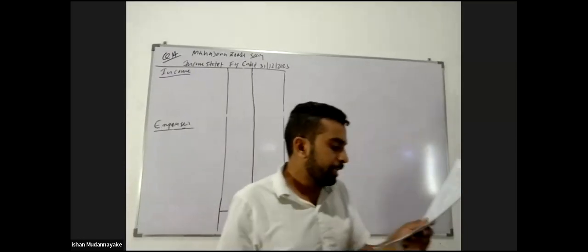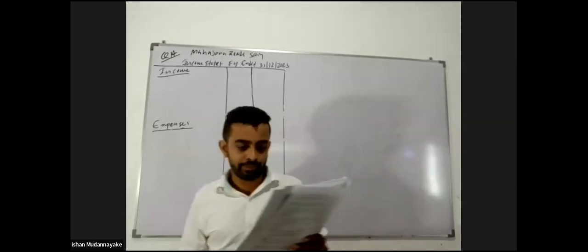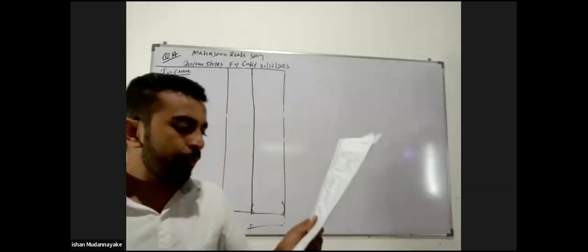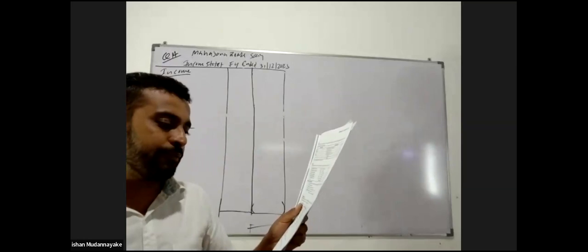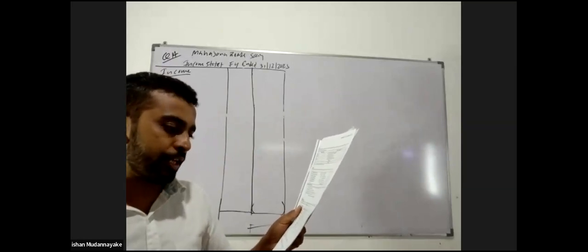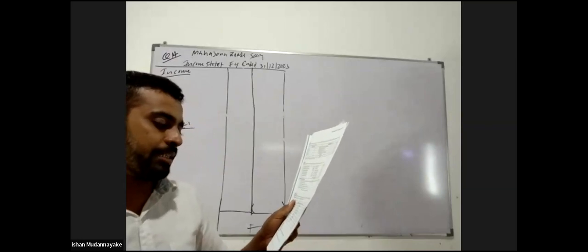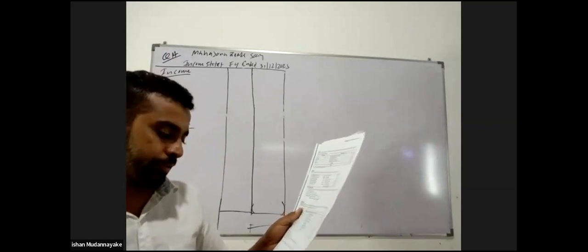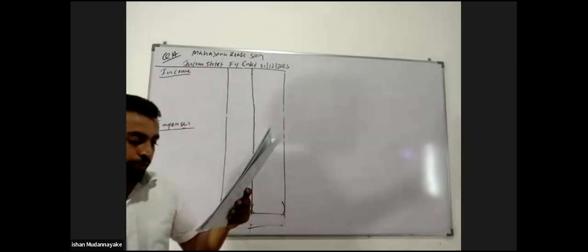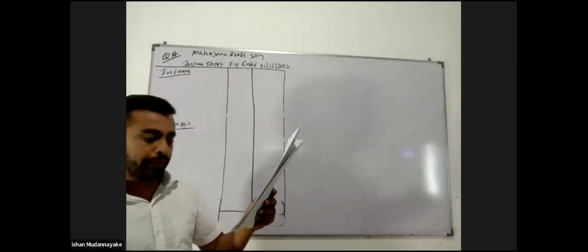Right. Look at question 14. Mahajana Reader Society has 60 members. Annual membership fee per member is 400. The treasurer of the club has presented the summary of the receipt and payment account as at 31 December 2023. Prepare the income statement for the year ended 31 December 2023.